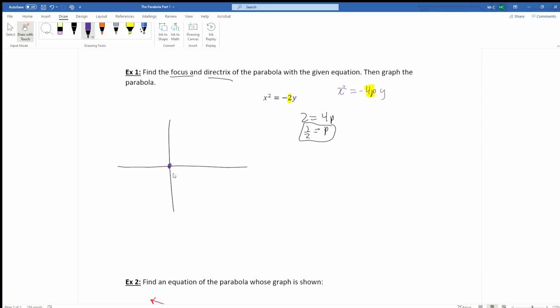Well, our vertex is at 0, 0. Now, since p is 1/2, and since it's x squared and this is negative, we're facing down. Since p is 1/2, that puts my focus down below the vertex, and that point would be 0, negative 1/2.